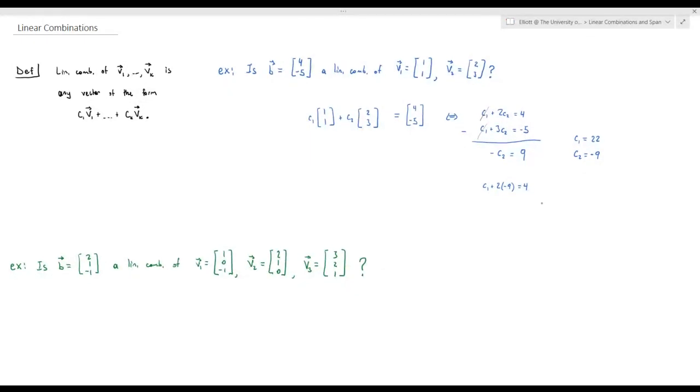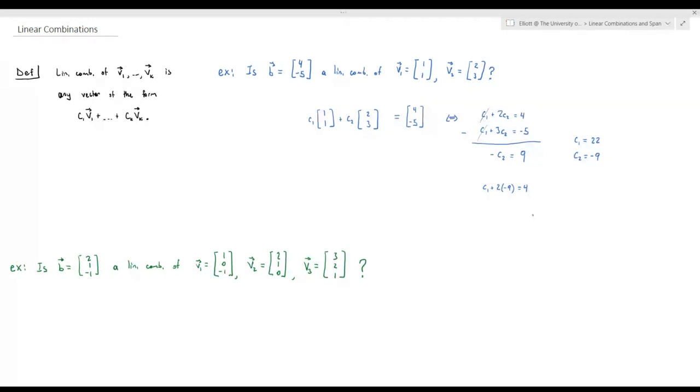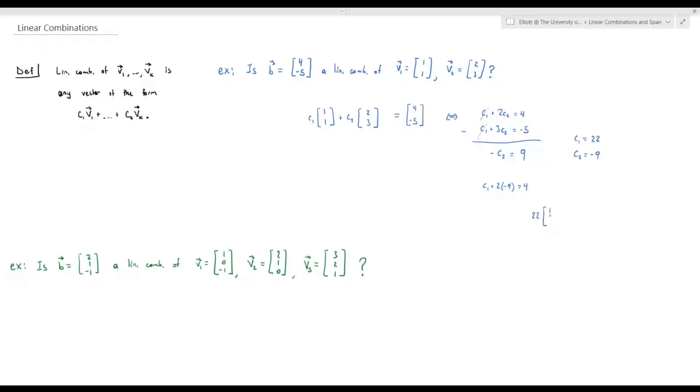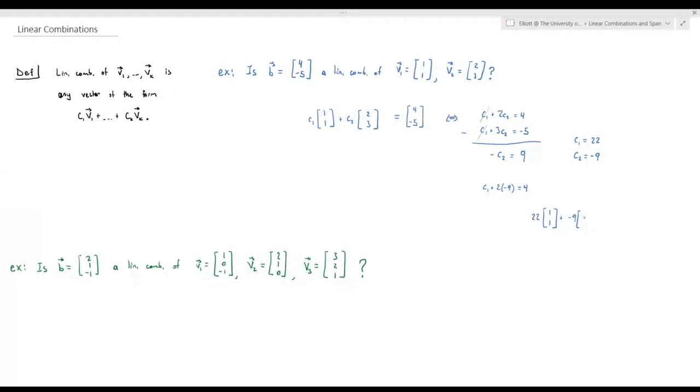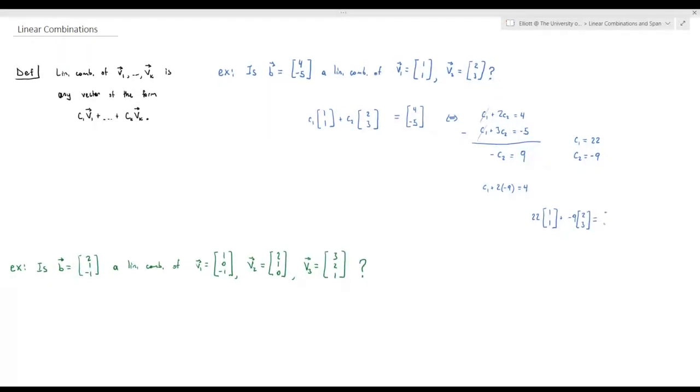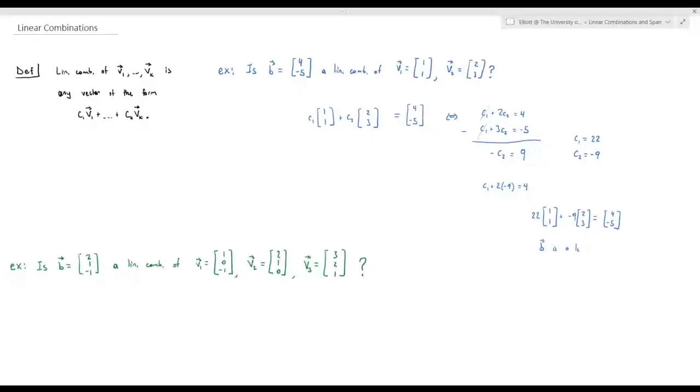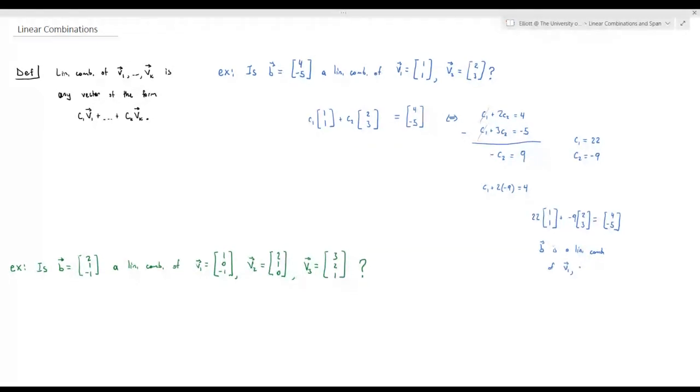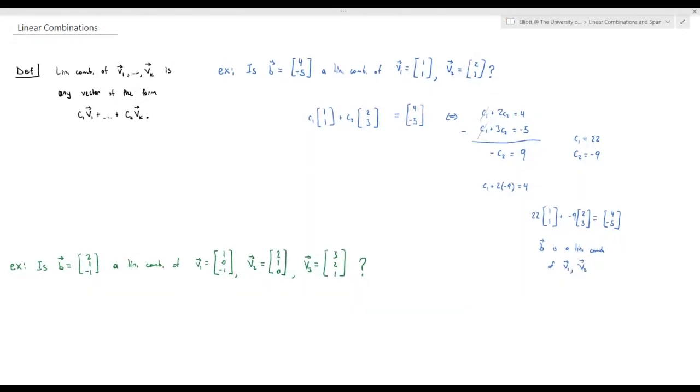Therefore, what this work shows us is that if we take 22 times v1 and add to that -9 times v2, that should be equal to vector b. And so b is a linear combination of vectors v1 and v2, because it is a sum of scalar multiples of the two vectors.